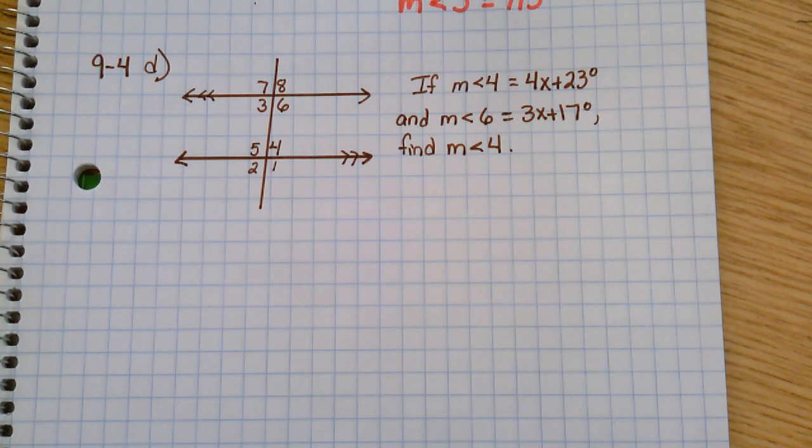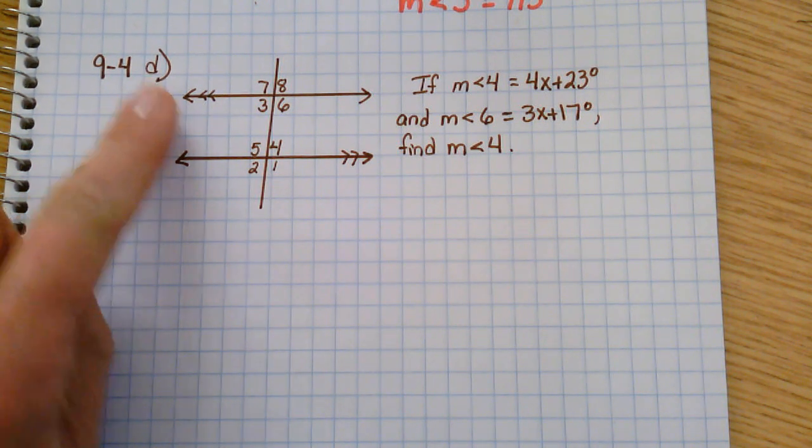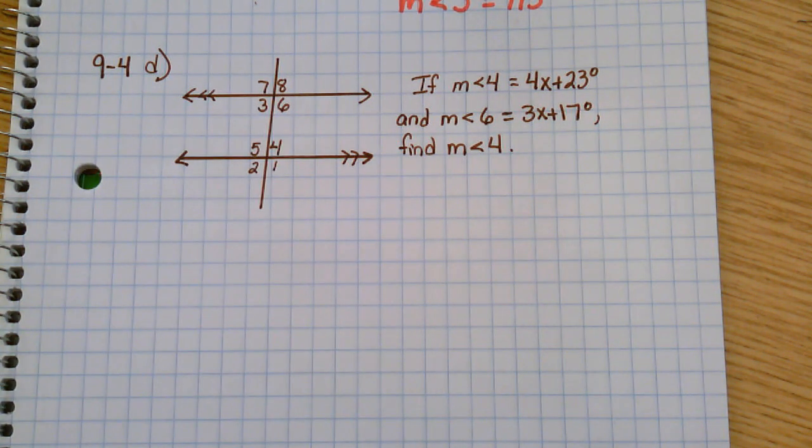Okay, for our next example, we're still on core problem 9-4, part D this time. It's the same diagram that we used in the last problem, but it gives us some different information.